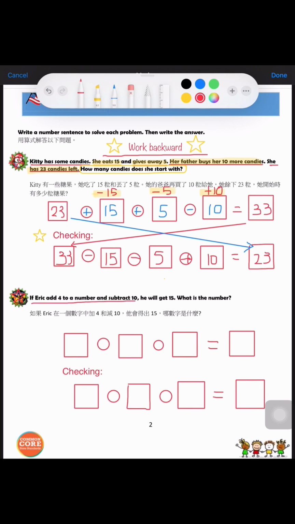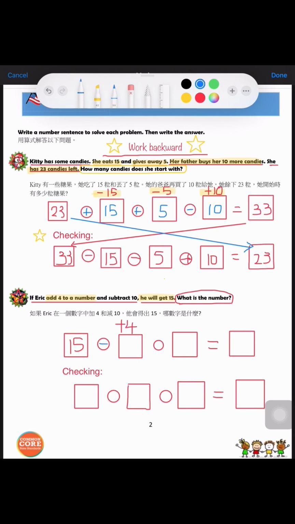If Eric adds 4 to a number and subtracts 10, he will get 15. What is the number? So we may also use work backwards. The answer he gets is 15, so we'll start with 15. He first added 4, so it should be plus 4.